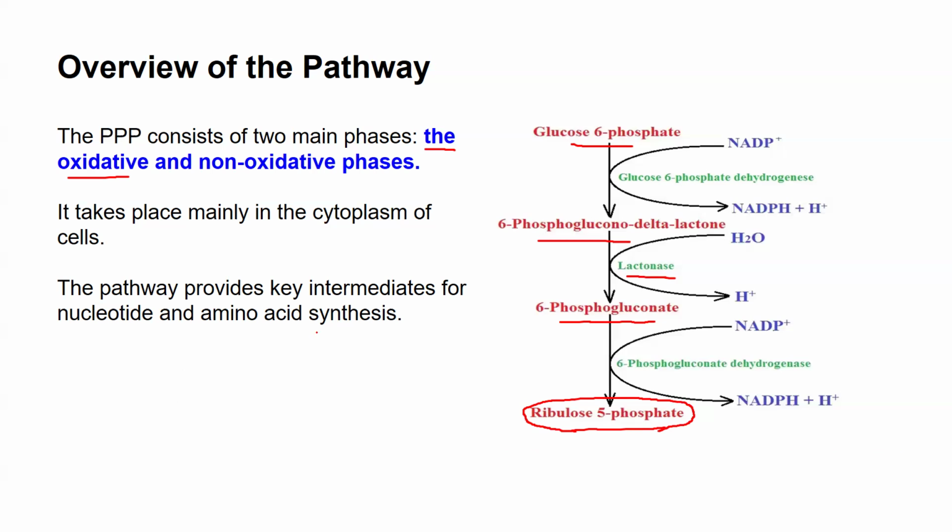So that is why the pathway provides key intermediates in nucleotide and also amino acid synthesis, because at the end of the oxidative phase, ribulose 5-phosphate is generated, and also 2 molecules of NADPH, as we can see, are generated in the oxidative phase.